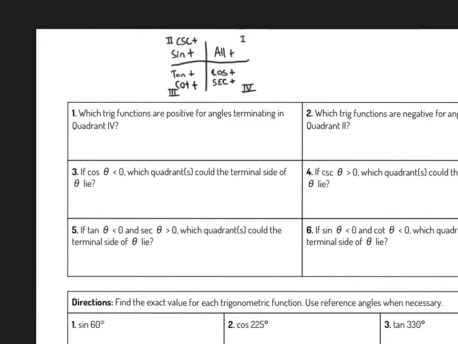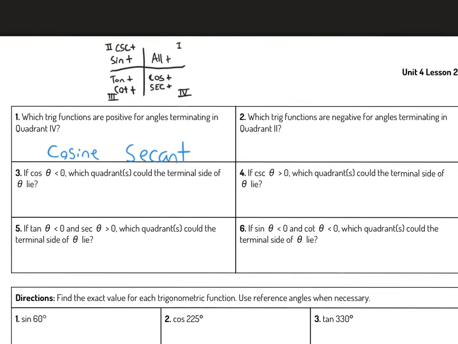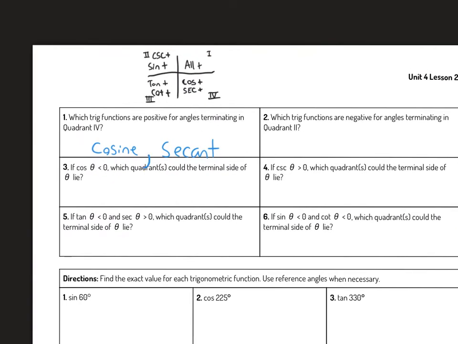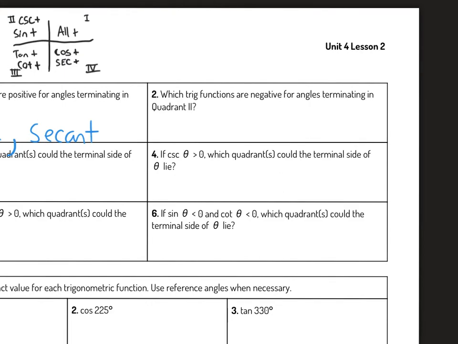So in number 1, which trig functions are positive for angles terminating in quadrant 4? All right, you can look just above that and see that our answers for that are going to be cosine and secant. Which trig functions are negative for angles terminating in quadrant 2?